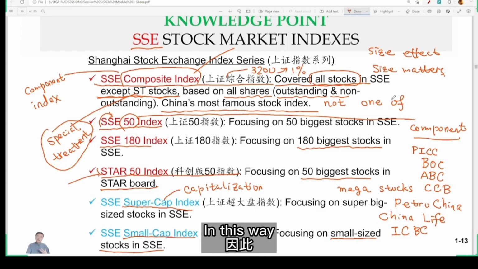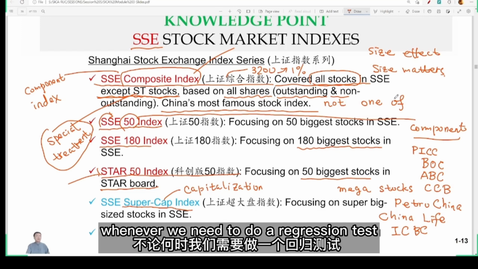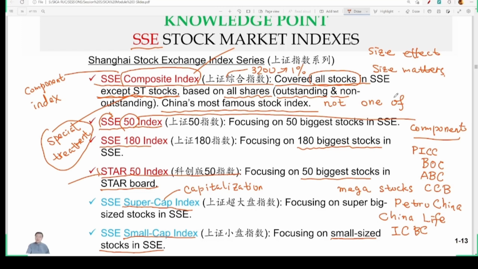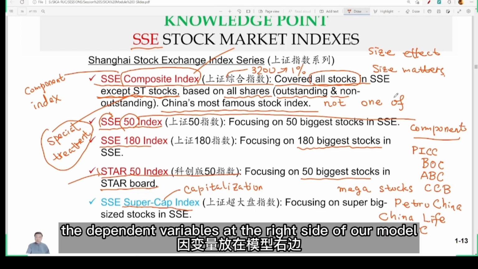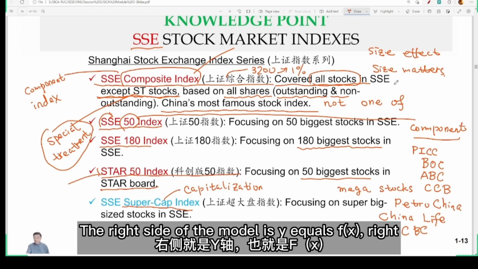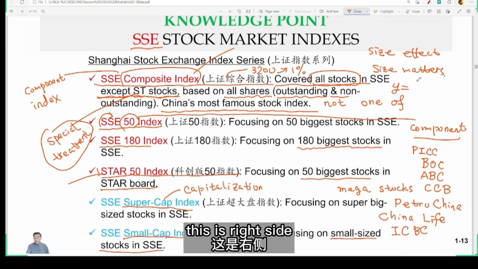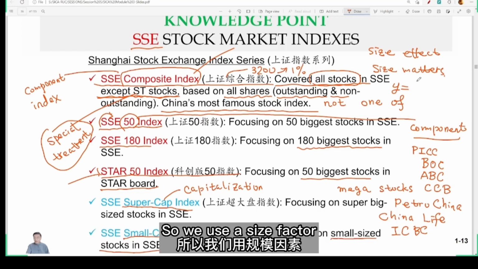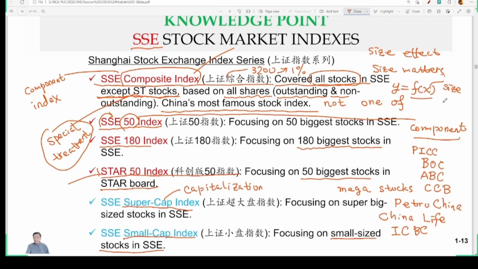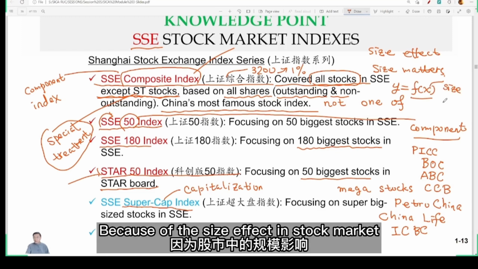In this way, whenever we need to do a regression test on stock markets, we usually use the size factor as one of the variables on the right side of the model. Model is y equals f(x), right? This is the right side. So we use the size factor as one of the independent variables because of the size effect in the stock market.